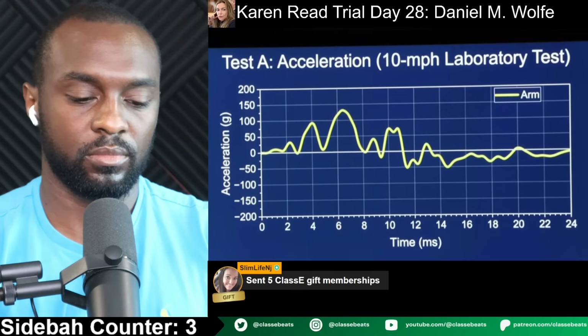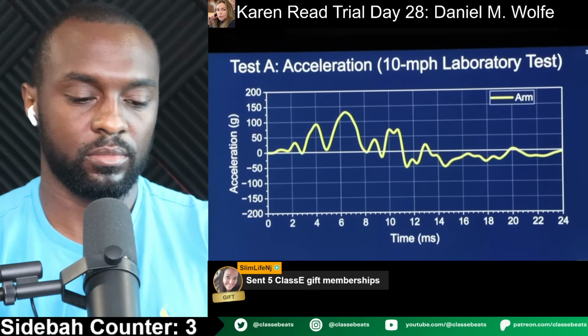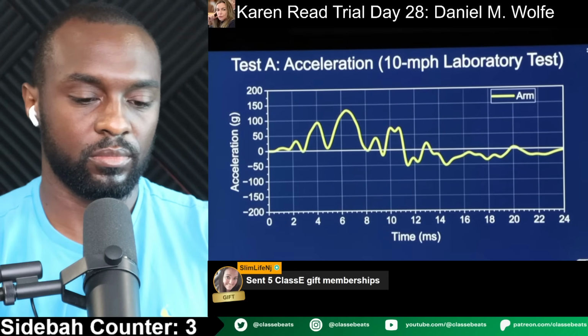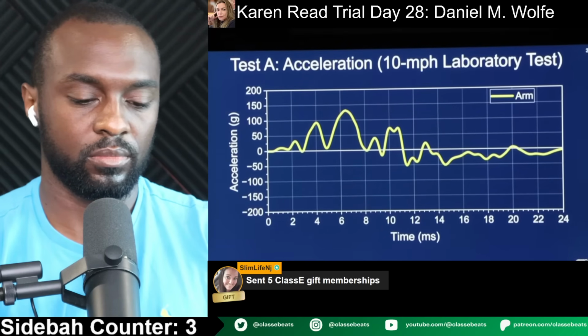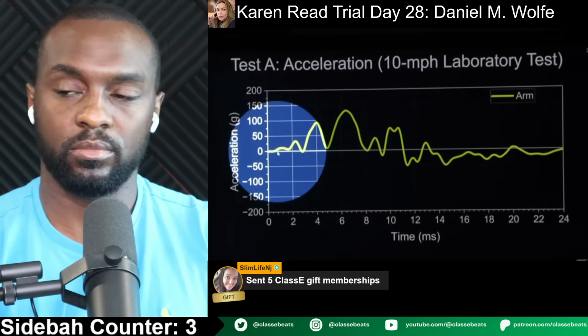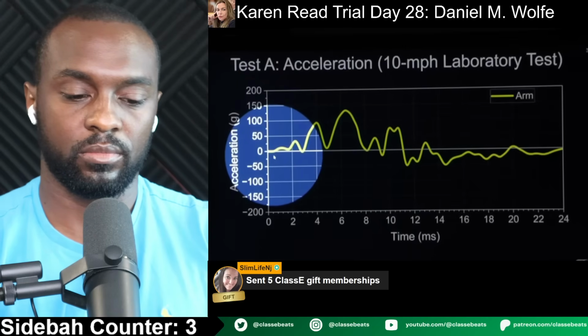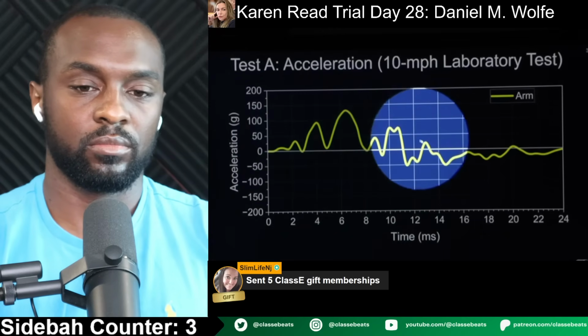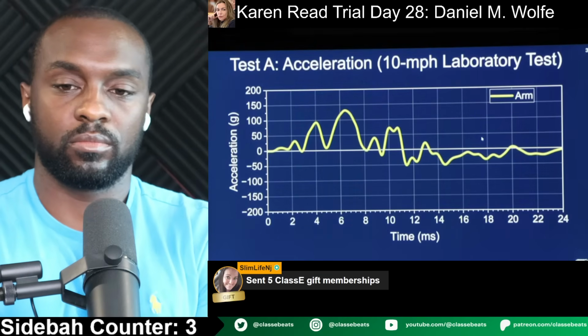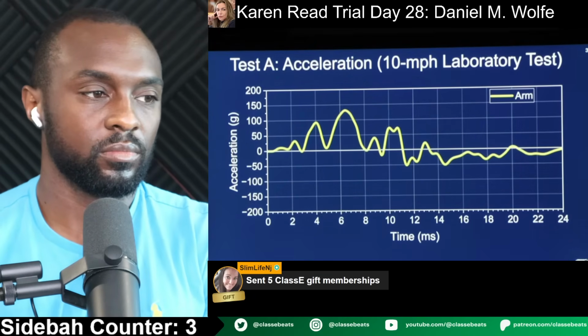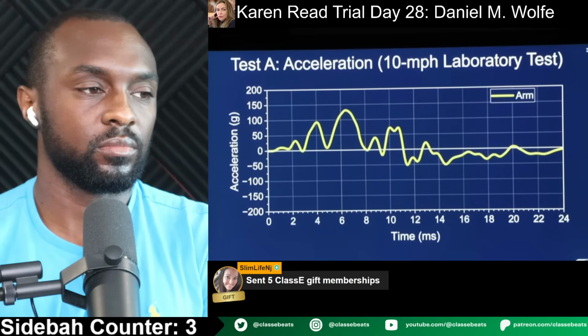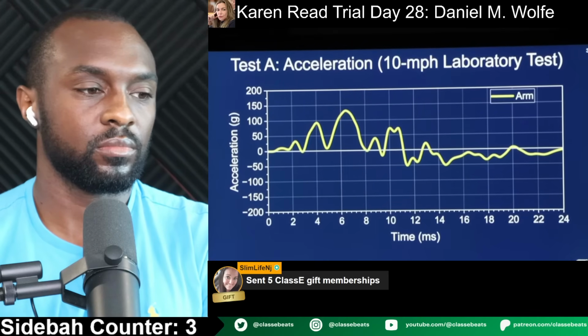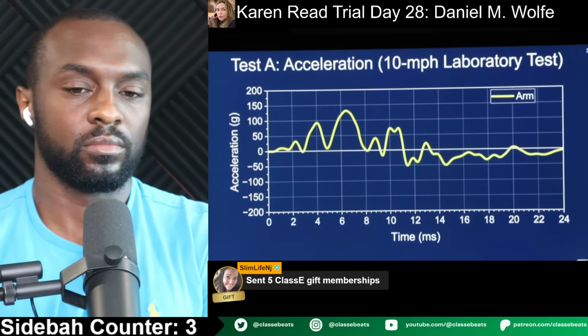What are we looking at in this graph? So we're looking at the acceleration, or the change in speed over time, that parameter that we discussed earlier. As the arm is impacted, we had the accelerometer mounted on the inside portion of the forearm, if you will. You see that it starts to accelerate, because it's changing its speed, and then it starts to level off after the impact has subsided, basically, and it's reached a common velocity. What do we see in terms of the G-forces that the arm is subject to?